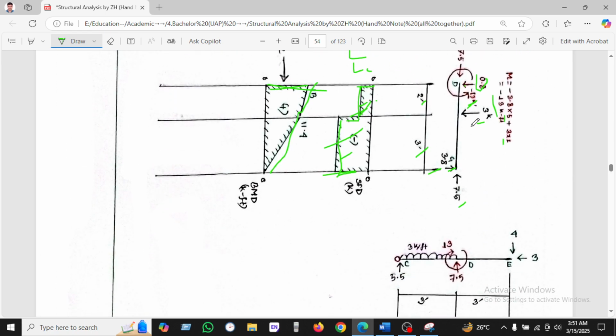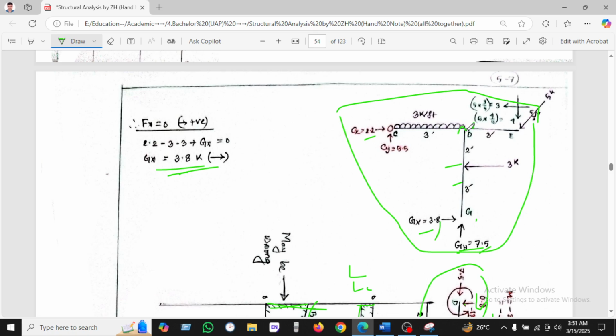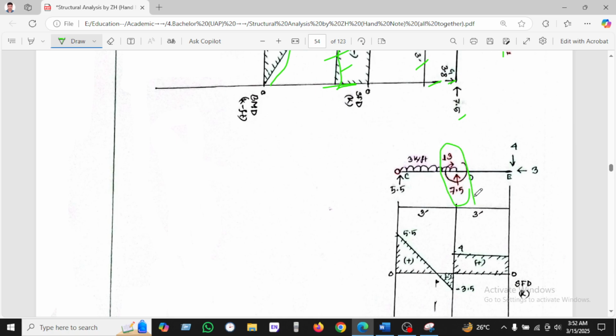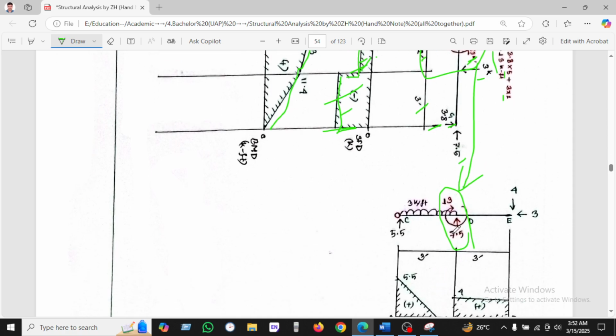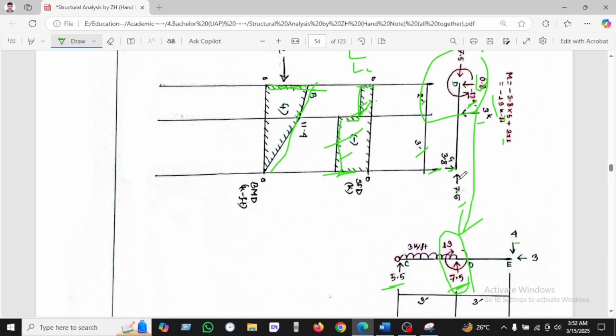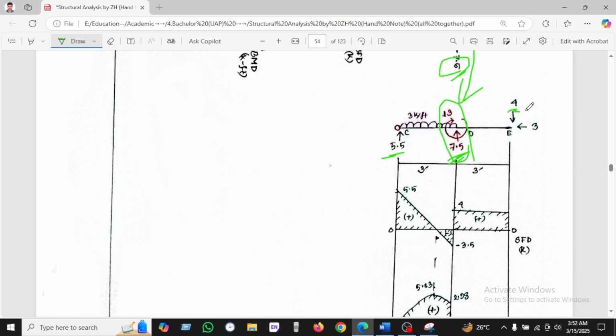After here, for balance purposes, this joint will act like this. For the balance purposes we've been carrying all the load here. So we've seen 5.5 is upward and downward is 3, and it will act like 7.5, as we've seen here. 7.5 will act like that, and 4 kip is given here.